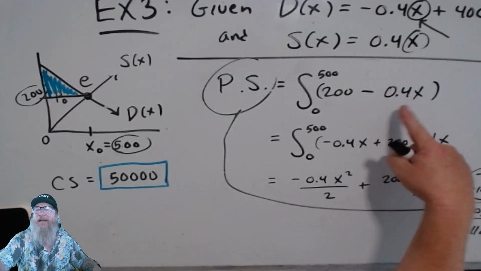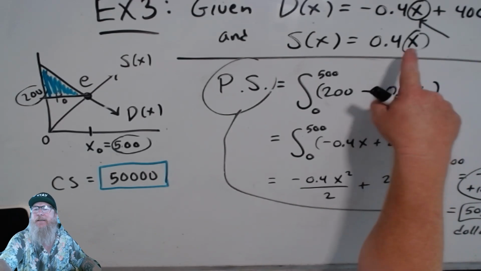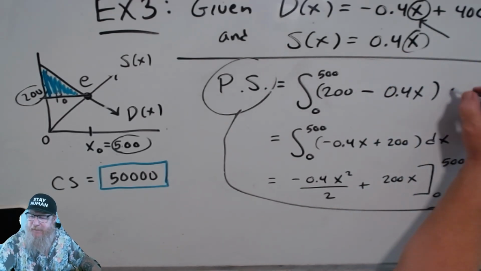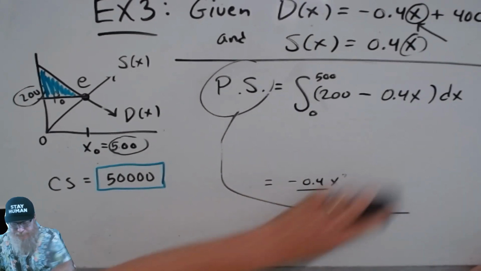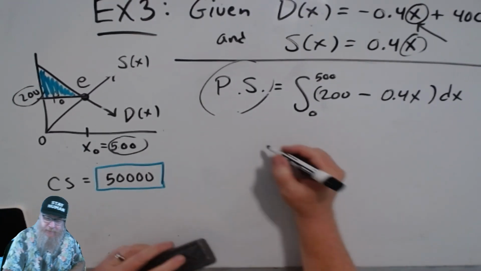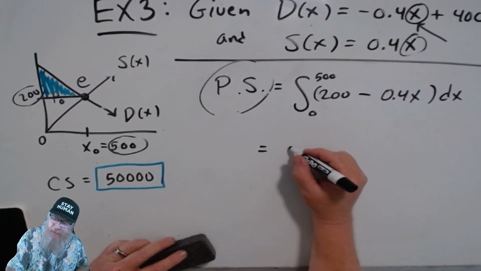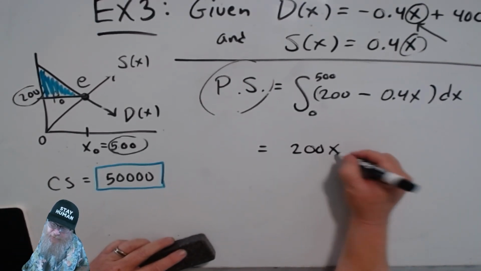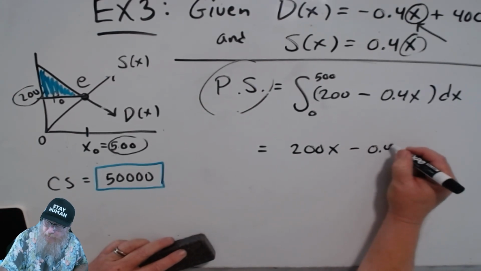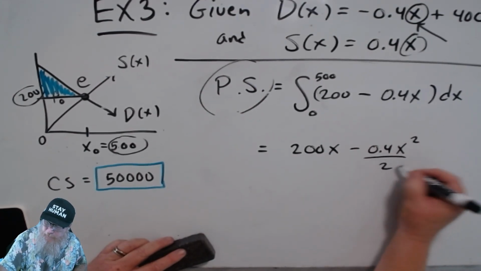I don't really need the extra parentheses because the supply function is very simple with respect to x. For this one, I'm not even going to simplify it. I'm just going to leave it the way it is. 200x minus 0.4x squared over 2.